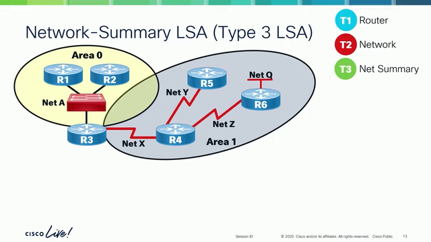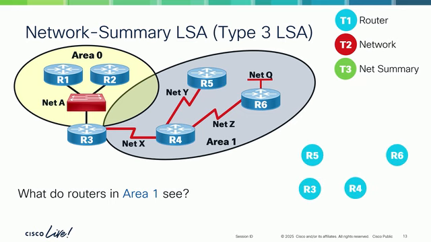All right. What about area 1? Remember, area 1 sees things differently. What do they see? First of all, how many router LSAs? I'd say 4. The connections would be point-to-point because there are no shared segments here.